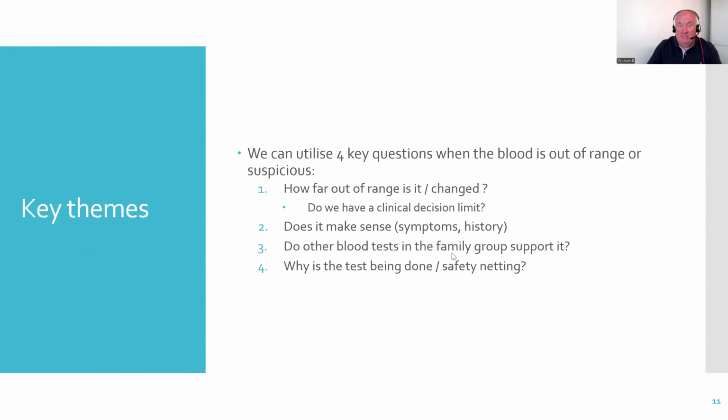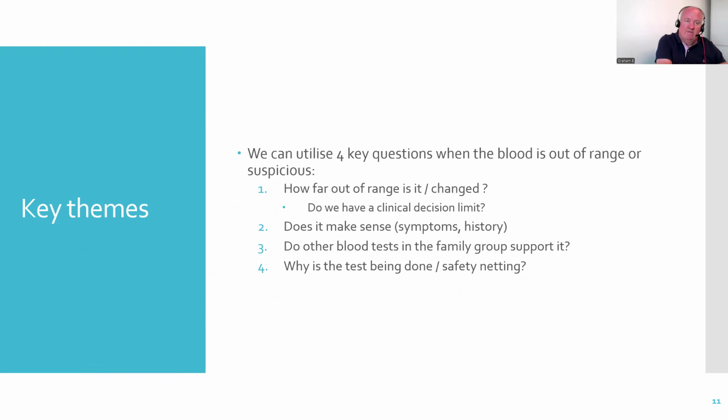Can we link blood tests together? So, okay, you've got raised potassium. What's sodium doing? You've got a raised liver marker called ALT. What's bilirubin doing? So can we link these markers back to the AMP? And then finally, why was the blood test done in the first place?